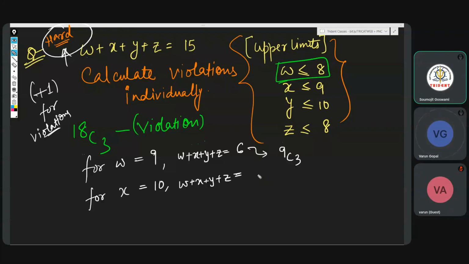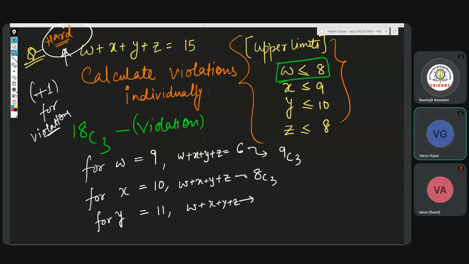Okay. So this is 8C3 for Y. If I violate it individually, this will be 11. 15 minus 11 is how much? 4, na? And again, W plus X plus Y plus Z, total number of whole number solutions, 4 plus 3, 7C3, correct?